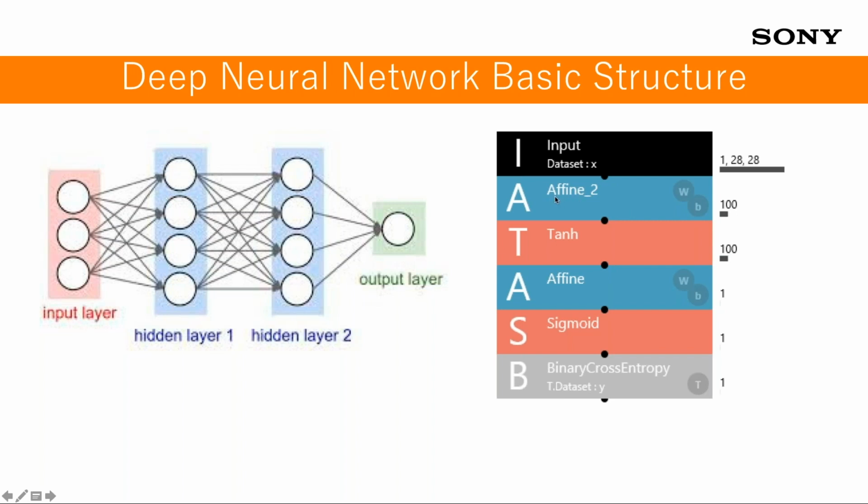Here, blue is the mathematical function that does the matrix multiplication plus some random value. And then tanh or sigmoid, these are the activation functions. The activation function is basically converting the input to some value that is easier to use. I will talk about those later on.